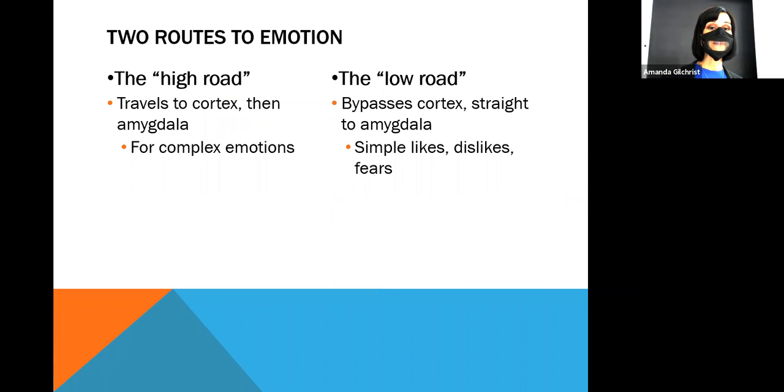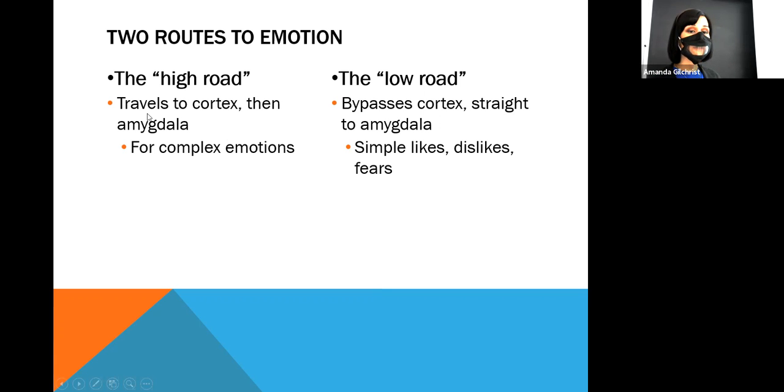So as I mentioned, we have the high road. Now, not only do we call these the high road and the low road because one requires appraisal and the other one doesn't, it's also because of where they go in the brain. So the high road of emotion requires a cognitive appraisal.